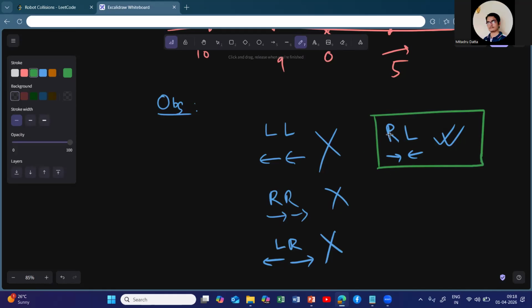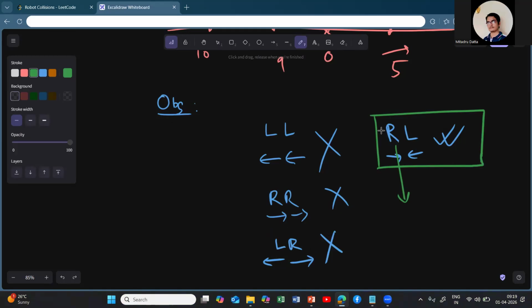Okay, so you need to, let's say, keep this right index. Whichever robot you see is moving towards right, that has the potential to collide with someone in future that will move towards left. So not only right and left, the left should come after the right, okay? Because if left comes before the right, they will not collide.